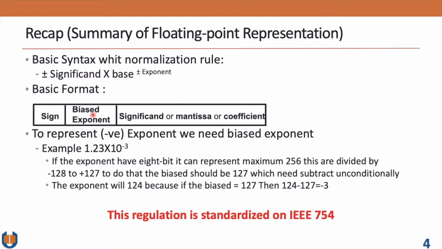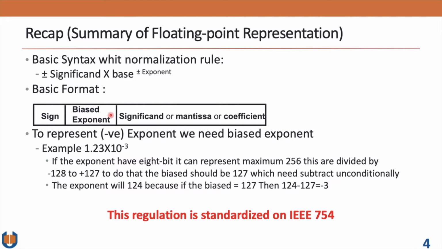Let's consider we have 1 bit for sign, 8 bits for exponent, and 23 bits for coefficient for a single precision or 32-bit number. As you know, the exponent could be either positive or negative.